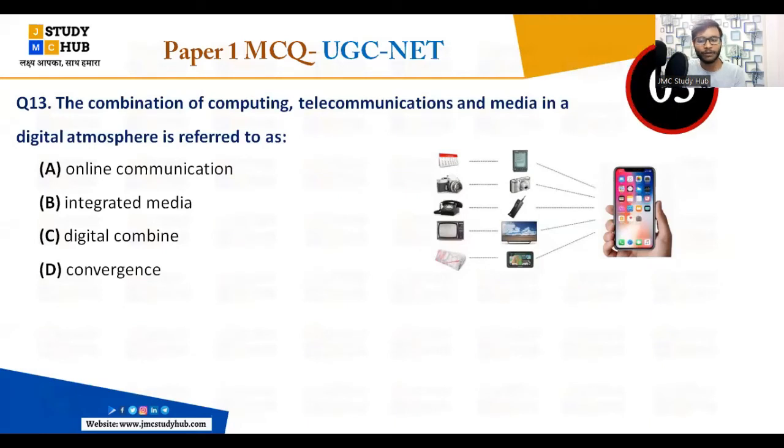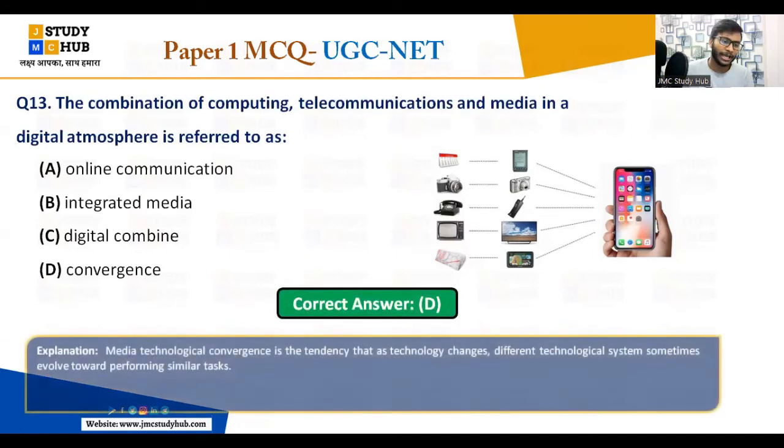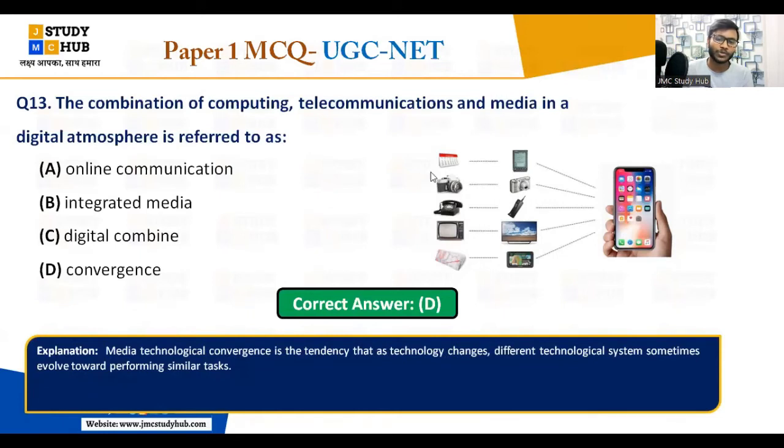Very good, wonderful answers that you have given. Yes, that is D. A combination of computing, telecommunications and media in the digital atmosphere is referred to as convergence. Okay, so before the timer ended we have answered, that is D. Media convergence, or technological convergence, is the tendency that as technology changes, different technological systems evolve towards performing similar tasks.